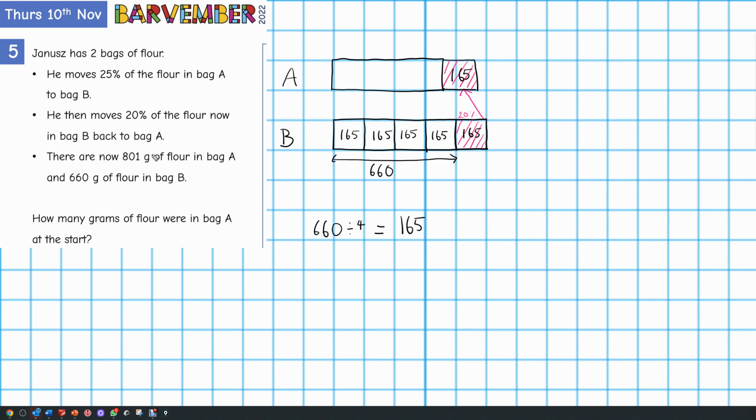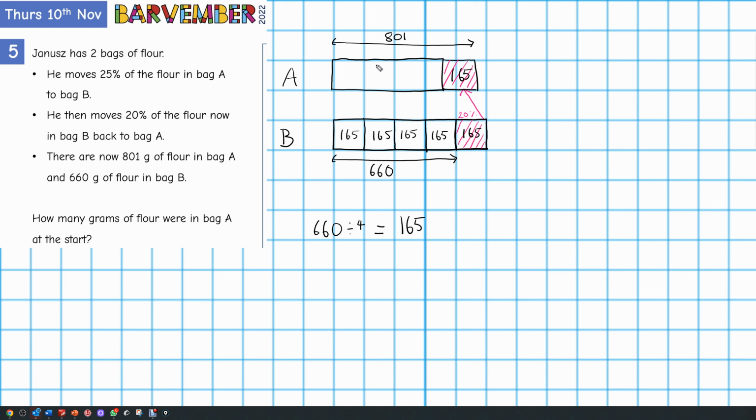Okay. What do we know? We know that there are 801 grams of flour in bag A at the end, after this 165 has been moved. So we know that this all the way to here is 801. Well, what else do we know? Before this was moved back to here, there were 3 of the 4 parts left from the original scenario.